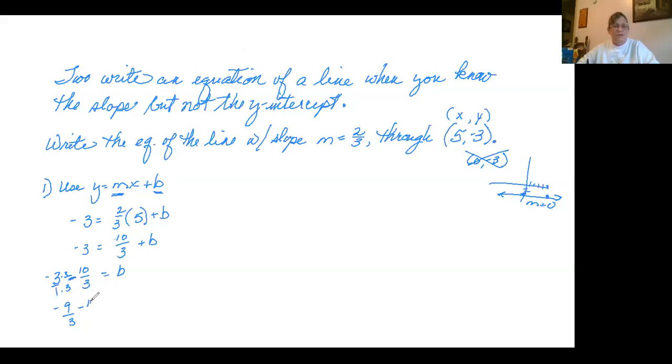And minus 10/3 would be minus 19/3, which is b. So the answer is going to be y equals 2/3 x minus 19/3 if we leave it in slope-intercept form.